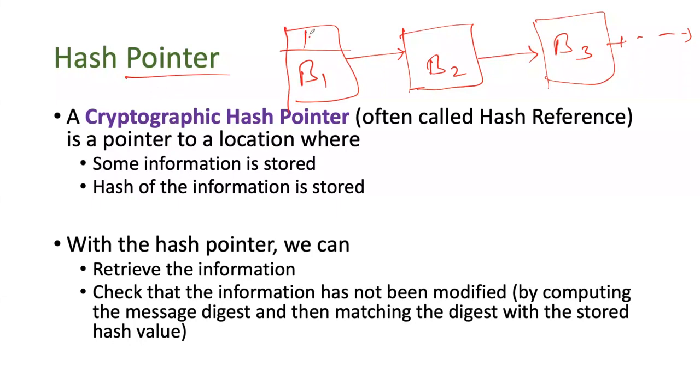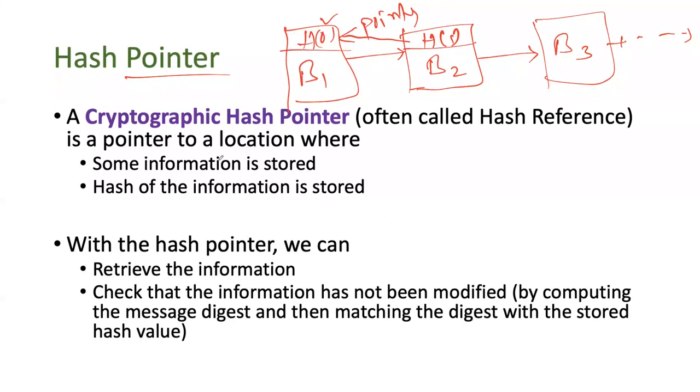If H0 is given to this block of data and H1 is given as an identity for the next block, then this H1 is computed based on the information of the block. So it requires a pointer for addressing. In a cryptographic hash pointer, it is often called a hash reference.